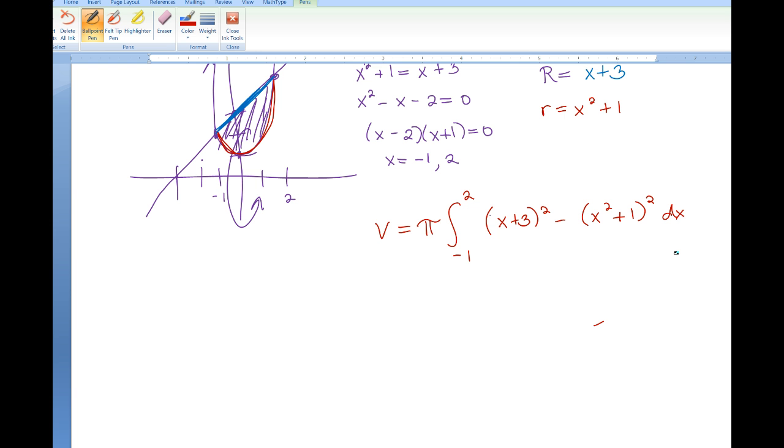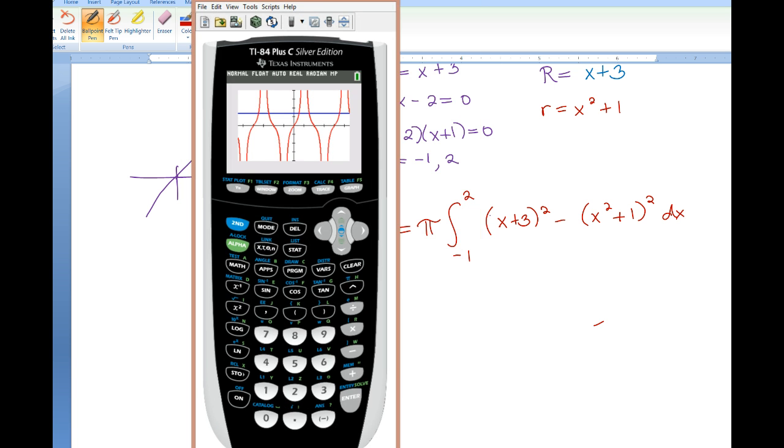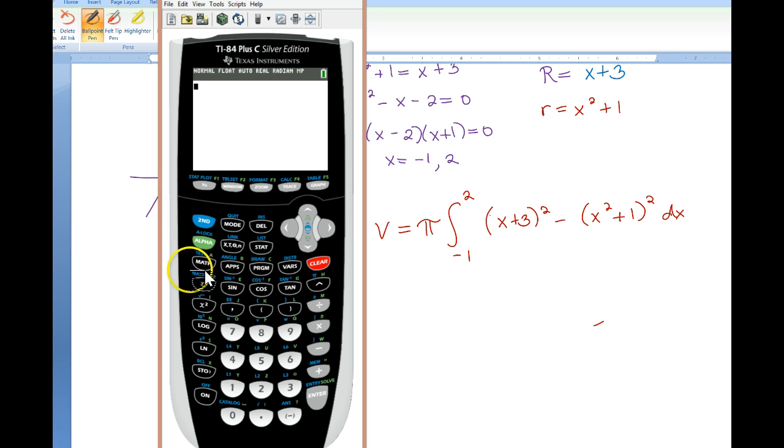And when we plug that all into the calculator, let's do math 9. We go from -1 to 2. I'll put in the pi at the end.